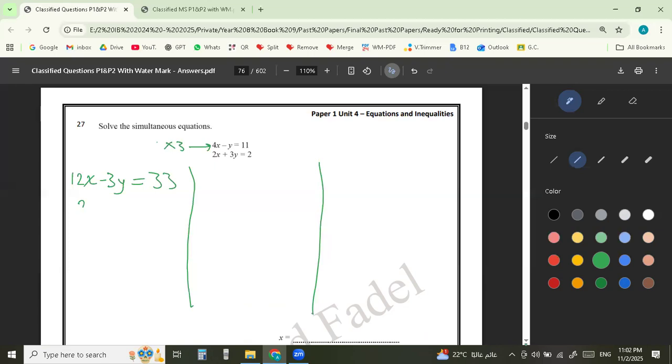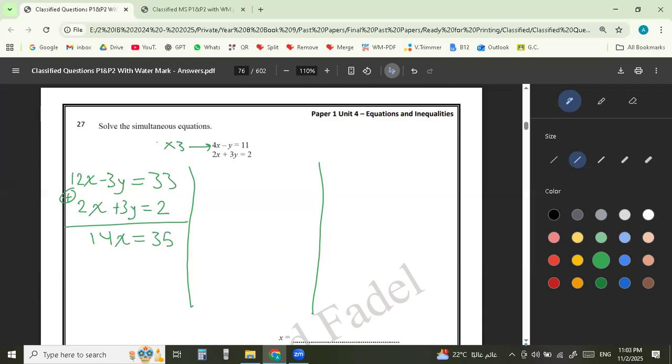And the other equation is 2x plus 3y equals 2. We're going to add, mister, to get rid of the y. So 12x plus 2x is 14x. Negative 3y plus 3y is 0, equals 35.